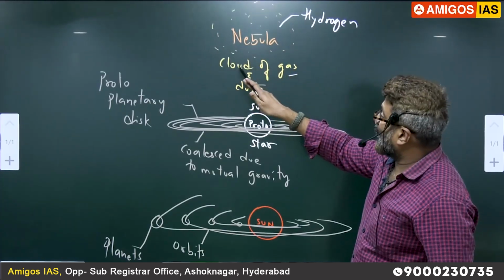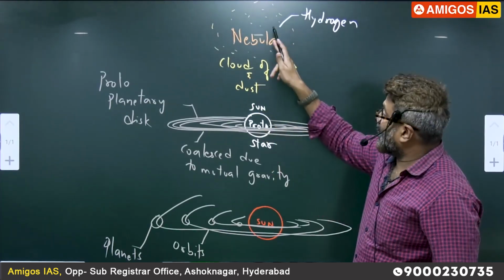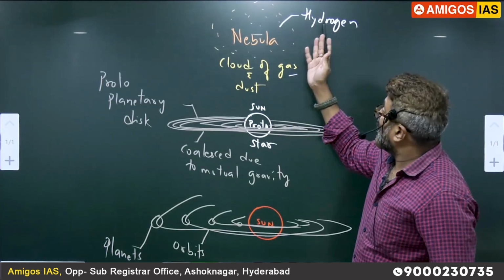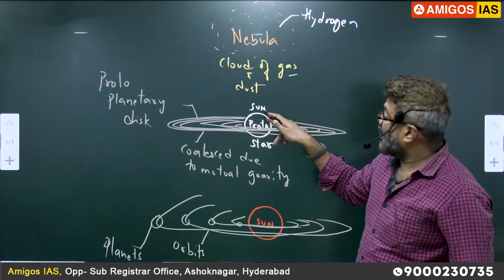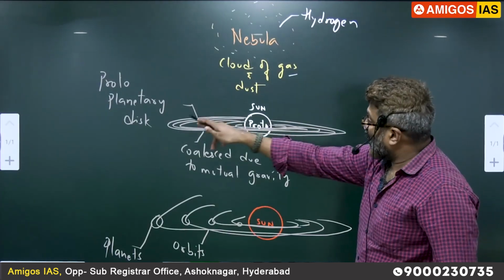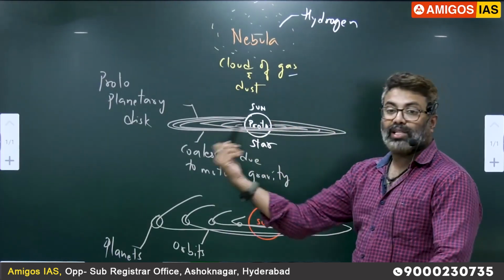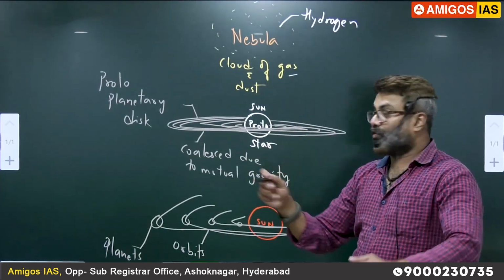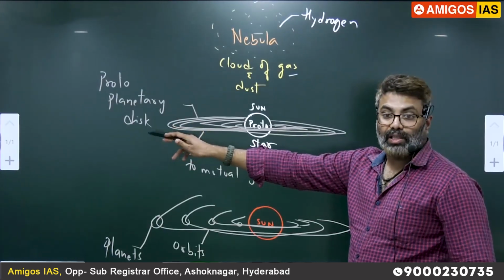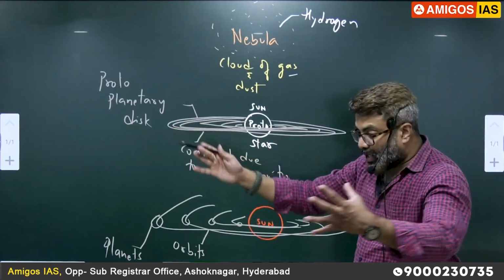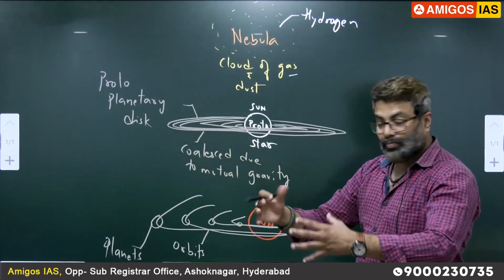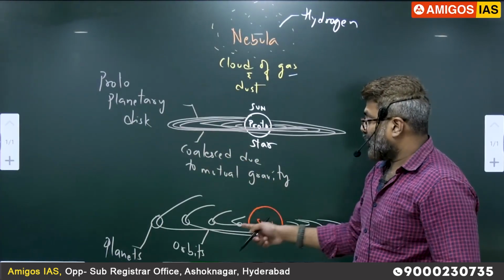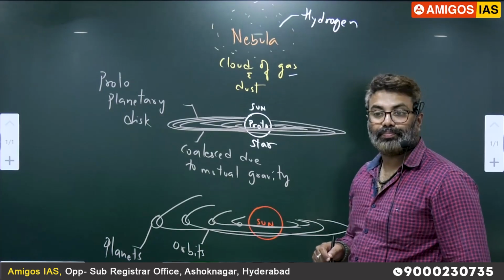Nebula is a huge cloud of gas and dust which contains many gases like hydrogen, which collapsed under its own gravity to form the sun. Next, all the other dust started to encircle the sun and orbit in the form of a disk-like pattern. Slowly all the dust and rocks clumped due to mutual gravity to form planets.